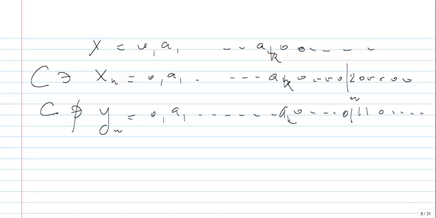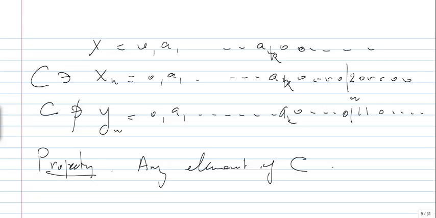So this tells me what? First of all, the next property: that any element of C is an accumulation point of C. That's number one, and that's what we proved.